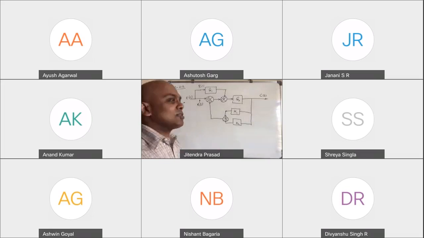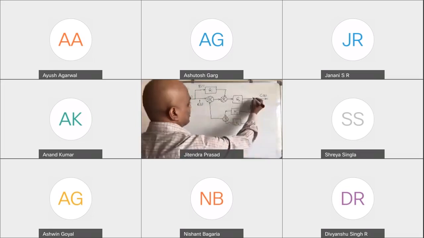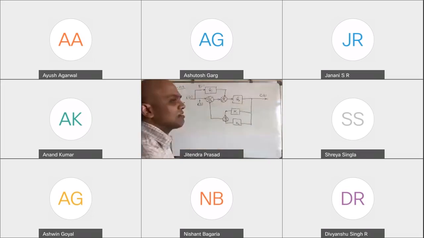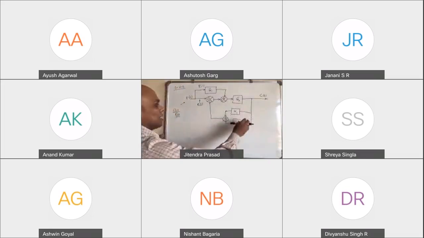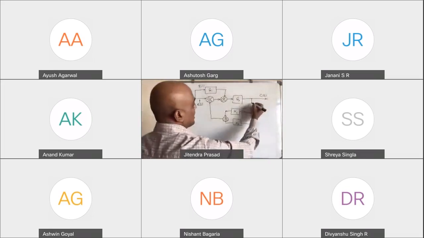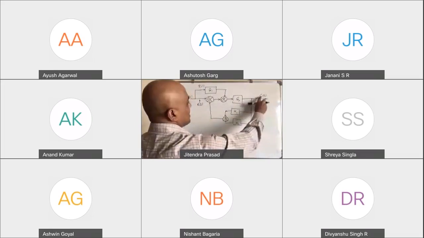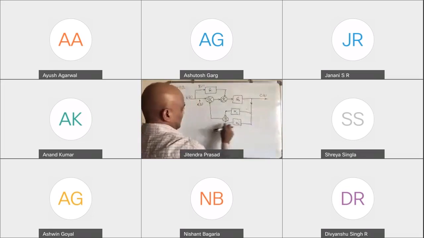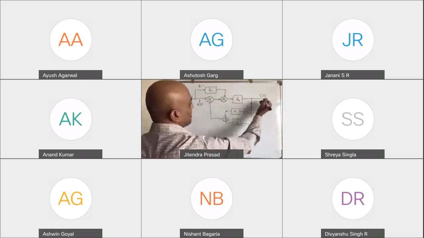Okay, so how to solve it? Basically, the idea is that wherever the signal is known, you will just write in terms of that. So you know that it's coming like this. This point is here. It is going this way. Then this is backward, the feedback.